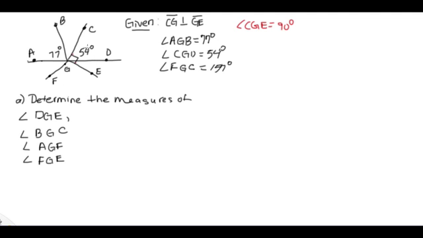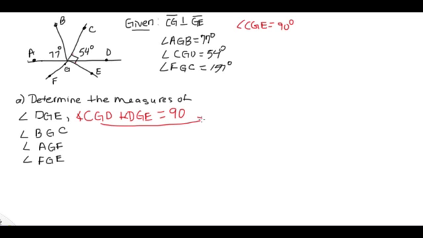So CGE equals 90, CGD plus angle DGE has to equal 90.